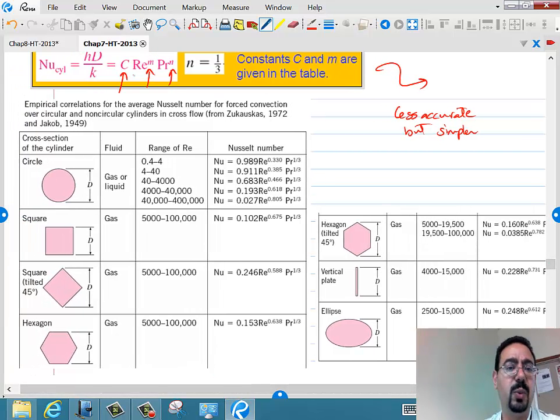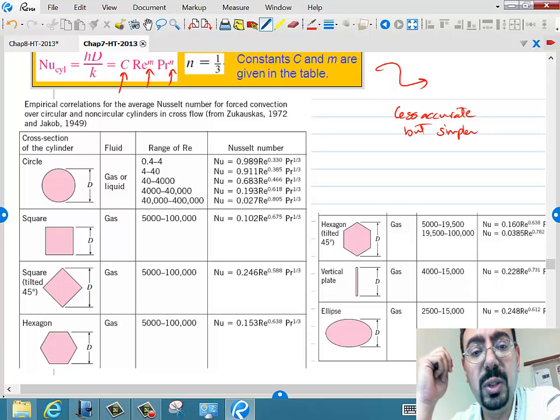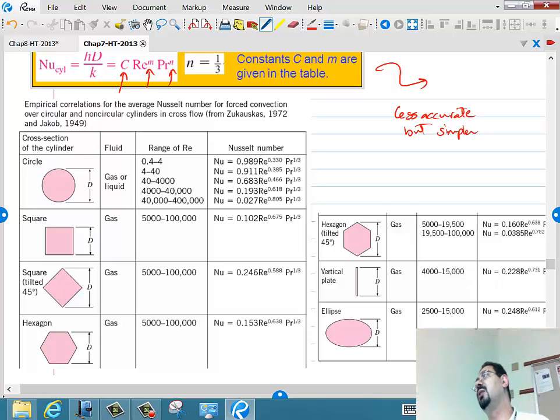And its Nusselt was some coefficient times Reynolds to the power m, Prandtl to the power n. So it is a cylinder, right? But I have to check the Reynolds number before I pick the right correlation for me, right?